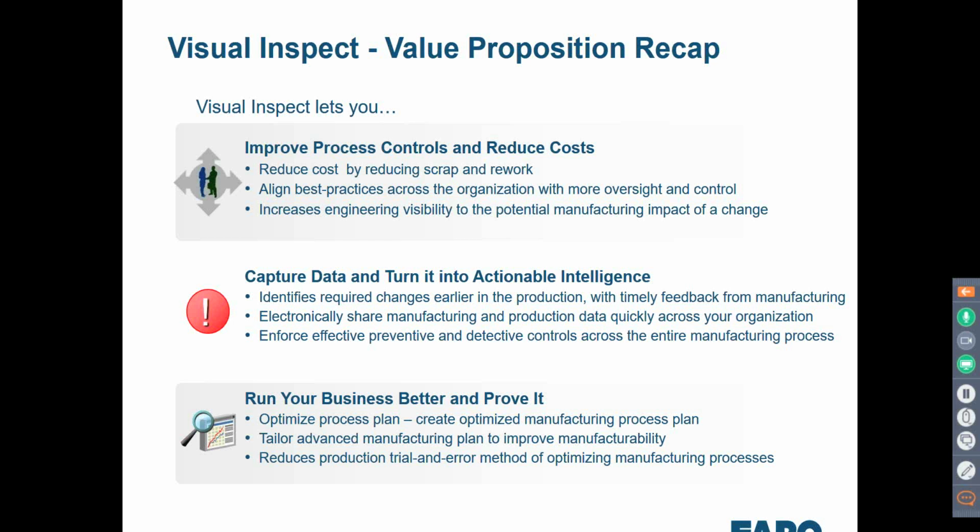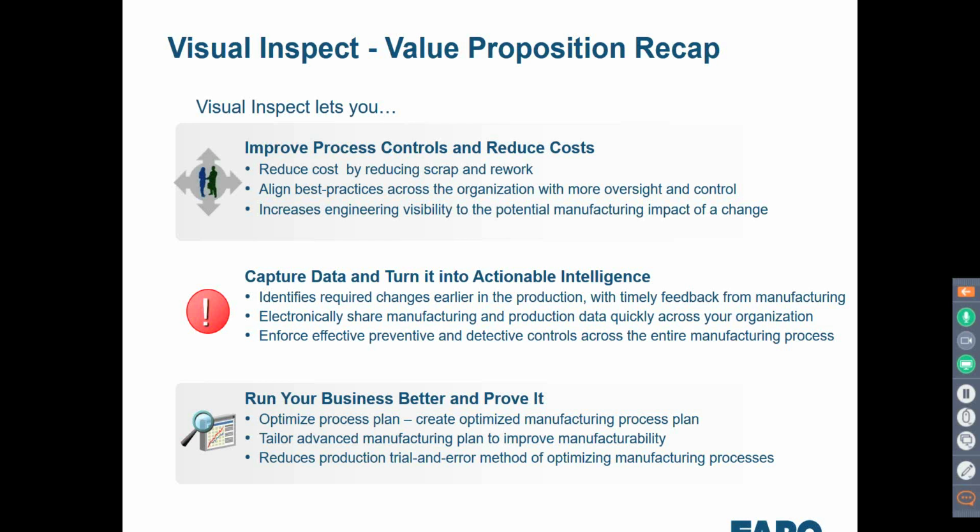So we identify these changes earlier in the production process with timely feedback from your manufacturing group. We can share these digitally across both your plant and your organization very quickly. We can also store all of these images and this data and the information that we actually collect. And basically, we can implement or enforce or improve preventive and defective control capability in the manufacturing process and push that up further upstream, if you will.